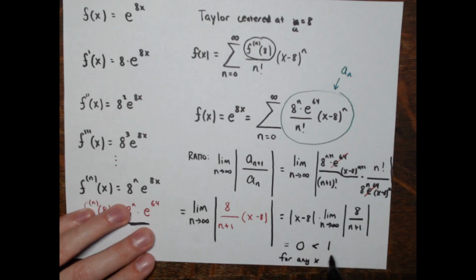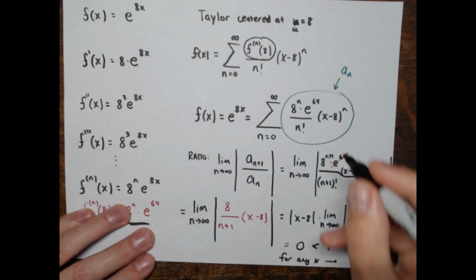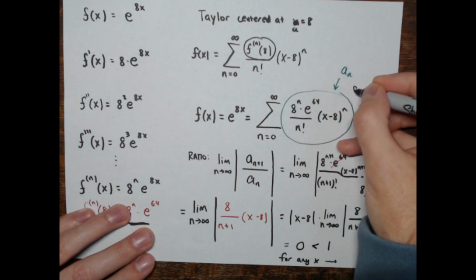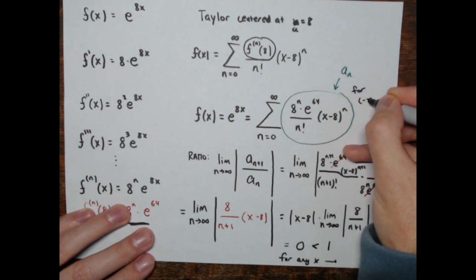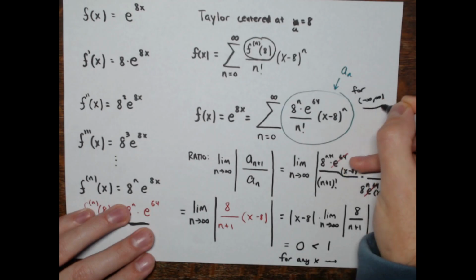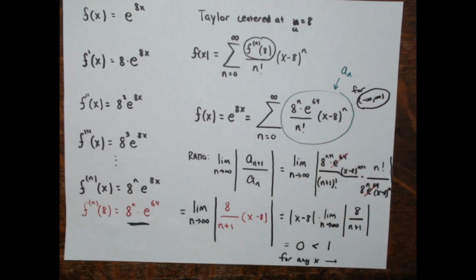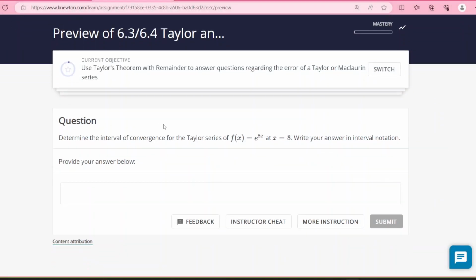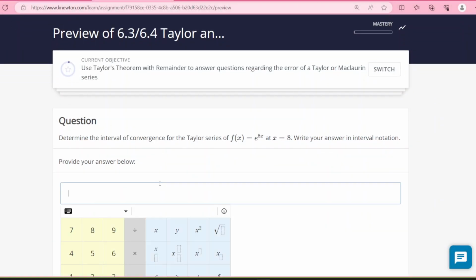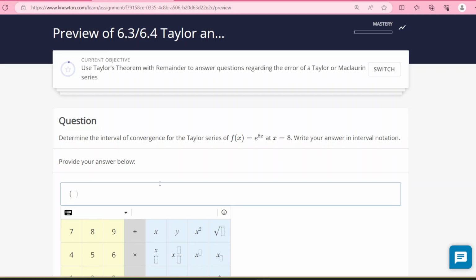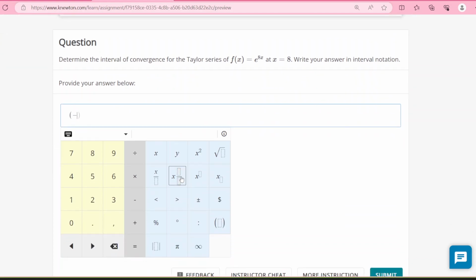And so this is less than 1 for any x, meaning the interval of convergence converges for negative infinity to infinity. x can be any real number, and that's what I'm putting in interval notation: parentheses, negative infinity, comma, infinity, parentheses.